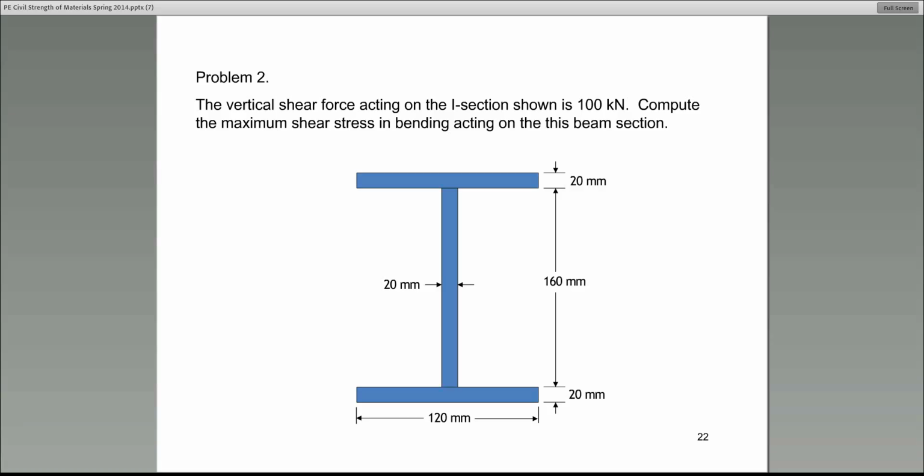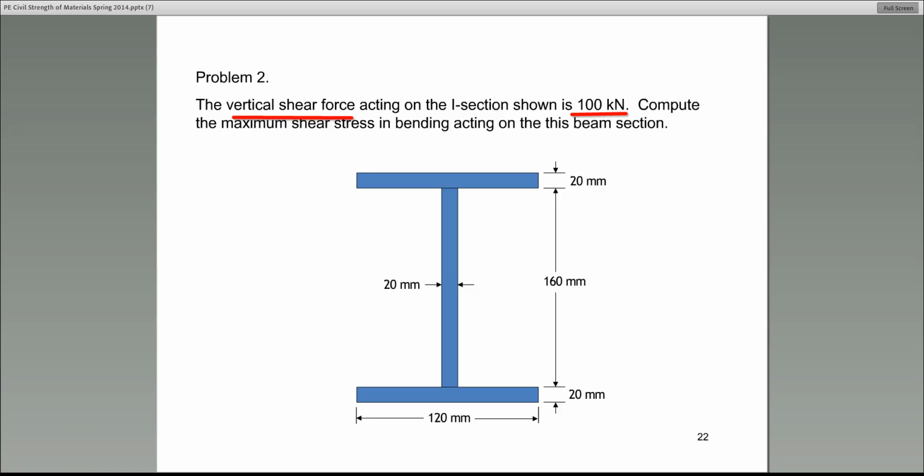All right, here, this is another example for you. The vertical shear force is given to be 100 kilonewton. Here, instead of giving you a shear diagram, they tell you what the shear value is. It's 100 kilonewton. Then they say, please compute the maximum shear stress in bending.